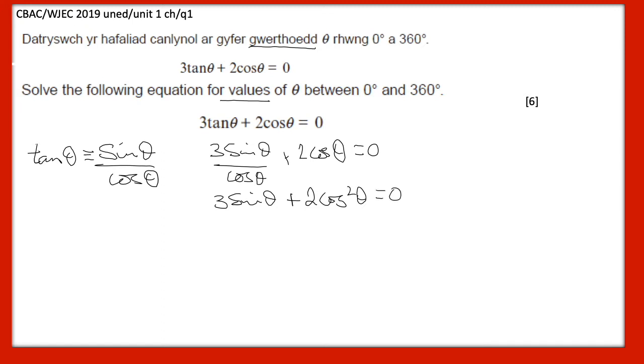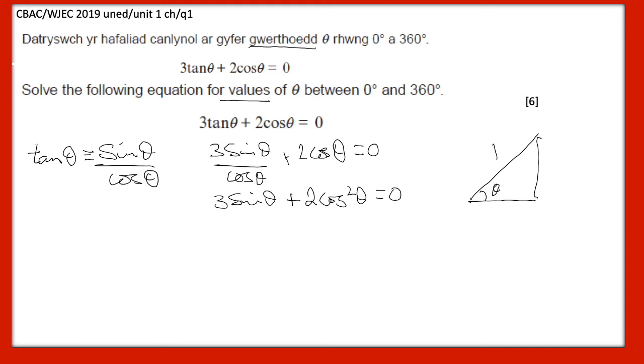And I need to make this a quadratic equation, and it's very difficult to change sine into cos, but it's much easier to change cos squared into sine squared, because we know that if I have any right angled triangle, I'm going to choose one with a hypotenuse of 1 because that makes my life easy.